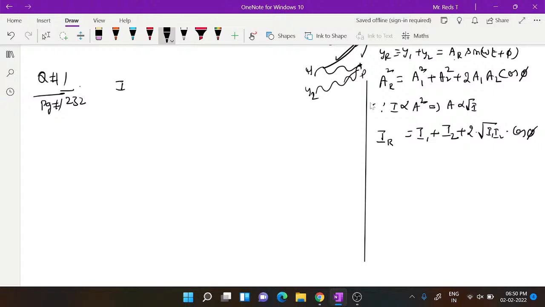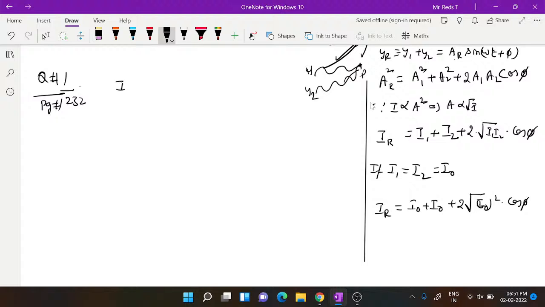So if I1 is equal to I2, which is equal to, let us say, I0, then IR can be expressed as I0 plus I0 plus 2 into square root of I0 into I0, which is I0 square, under root I0 square into cos phi.